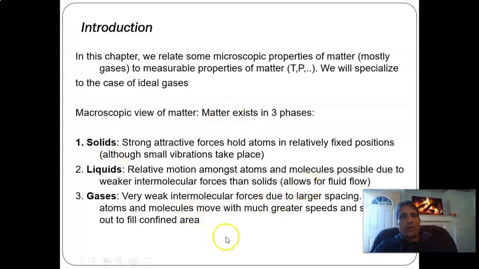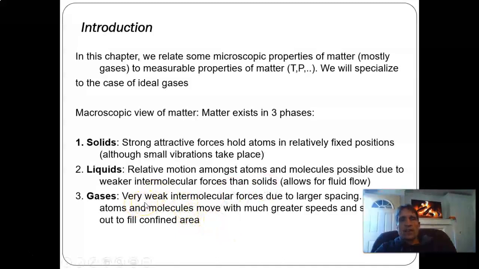For gases, you add more energy and you completely break the bonds. Well, almost. For an ideal gas, you completely break the bonds. And so we can think of gases, at least under low enough pressure, as what we call ideal gases.